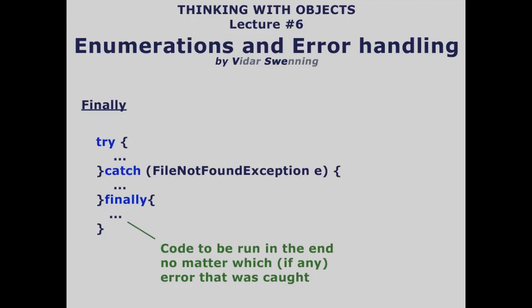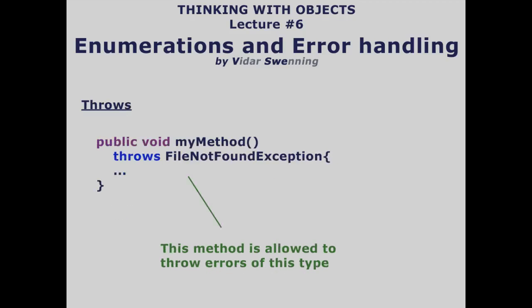Maybe we want to return a value after we're done: we tried to generate the value, it went alright, we return that value, and otherwise we might return null in the catch, for instance. But then in the finally we could make sure that the scanner has been closed, so it's being closed even if we caught an exception, and even if we didn't catch any exception at all.